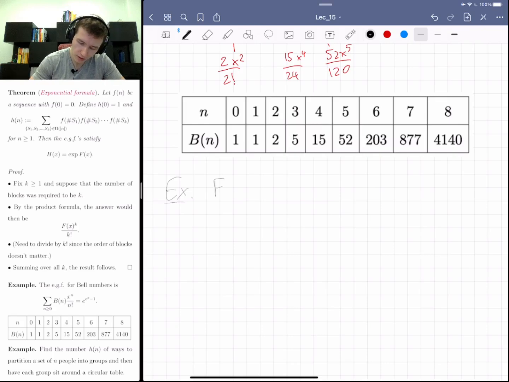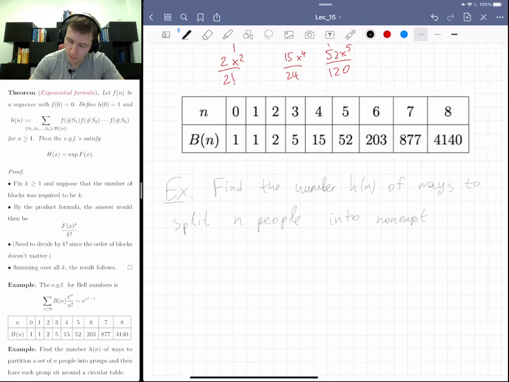Find the number h of n of ways to split n people, so people are distinguishable, into non-empty groups, and have each group sit around a circular table.